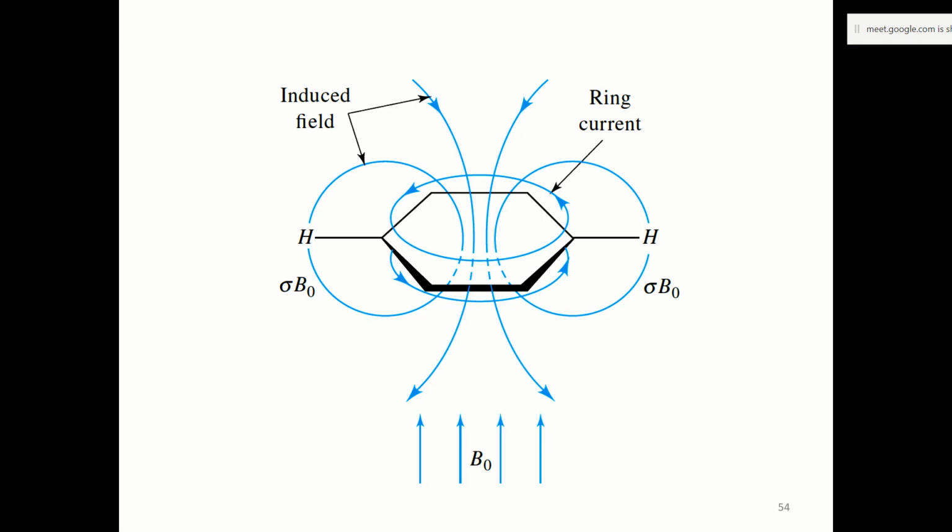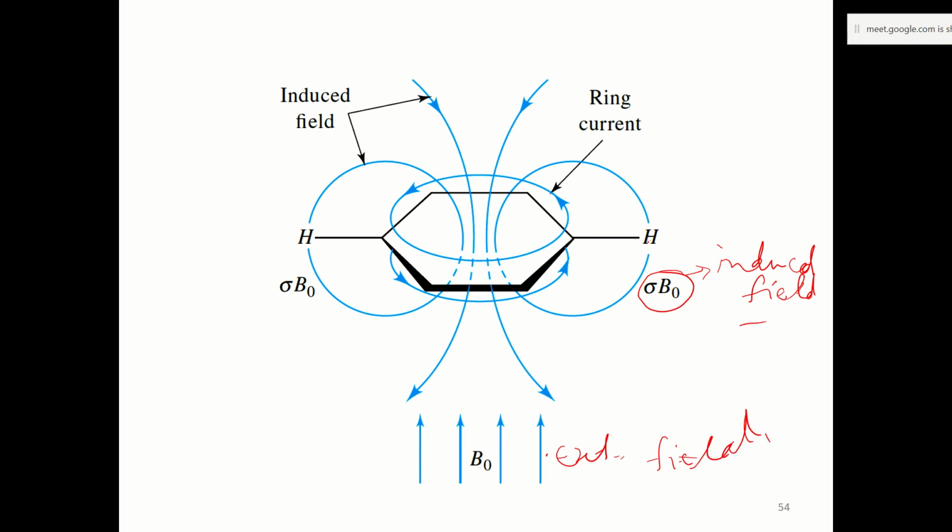So we can relate the induced field: the induced field is sigma into B naught. Here you have an increase, this is the external field, and this is the induced field.